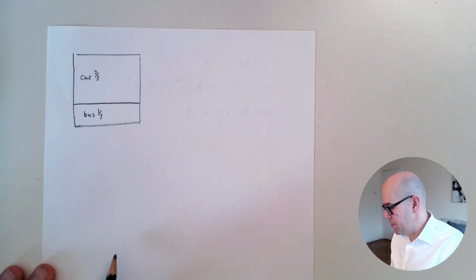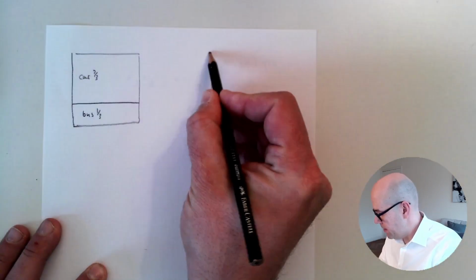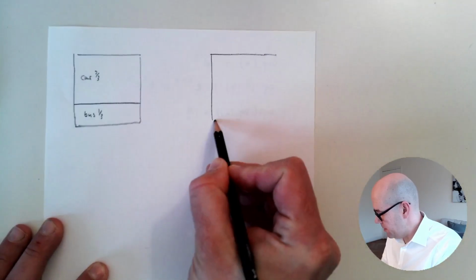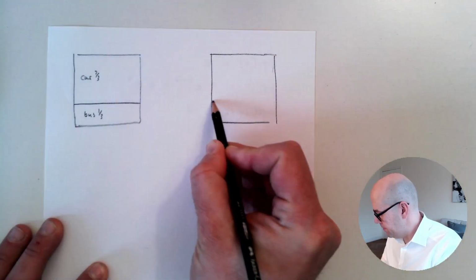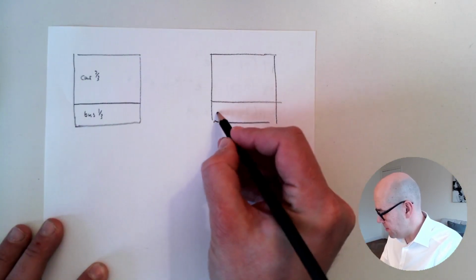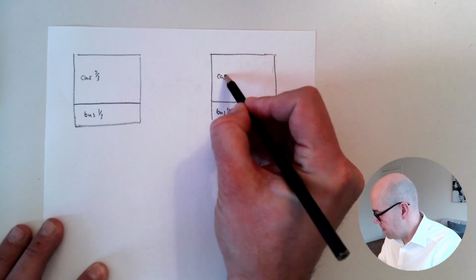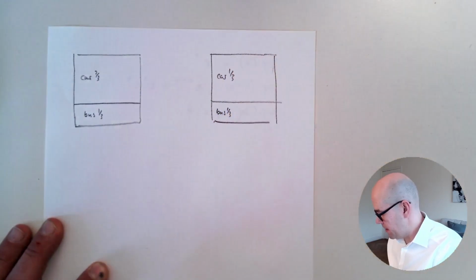And now comes a new alternative around, right? So let me just draw this again to juxtapose the two things that he talks about then. So bus 1/3 and car 1/3. Okay.